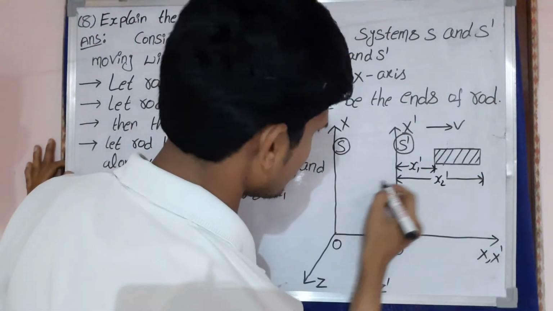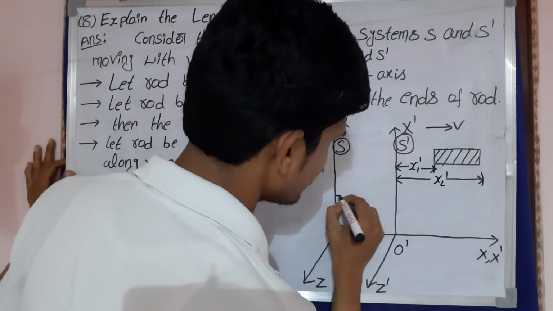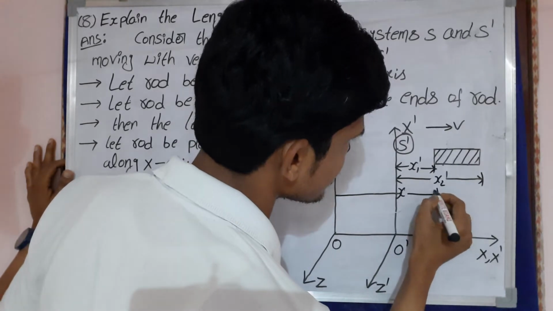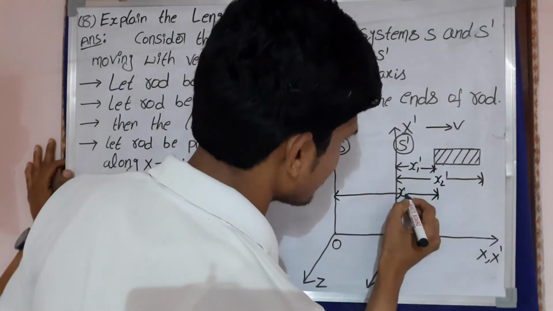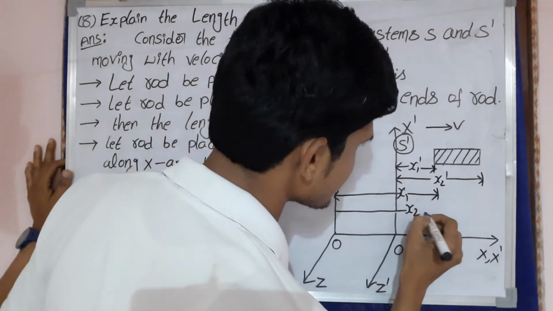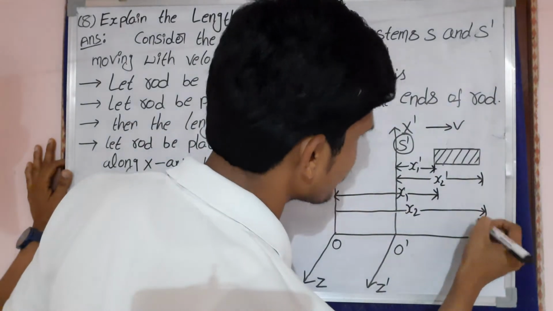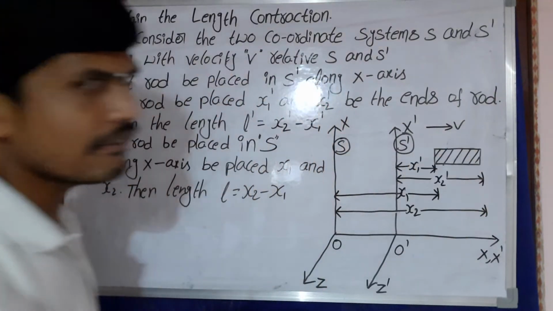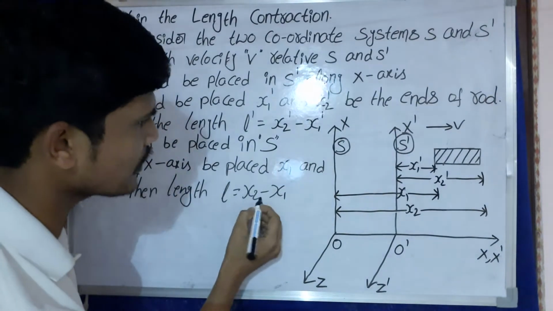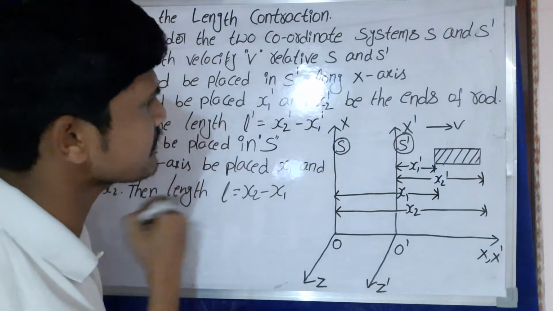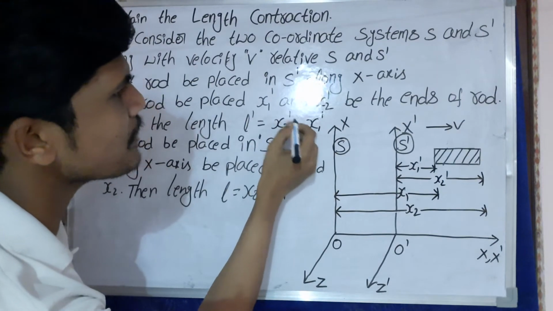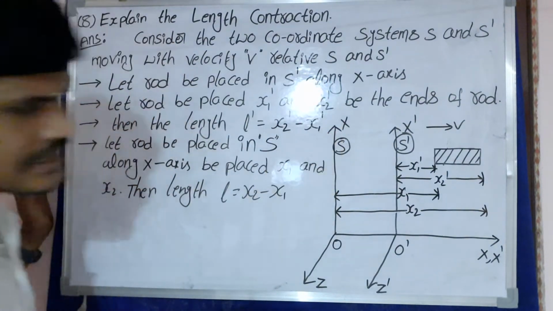The rod's first end point is fixed in frame S at distance x1, and the second end point at distance x2, along the velocity v. Then the length L equals x2 minus x1. In the S dash frame, the length L dash equals x2 dash minus x1 dash.